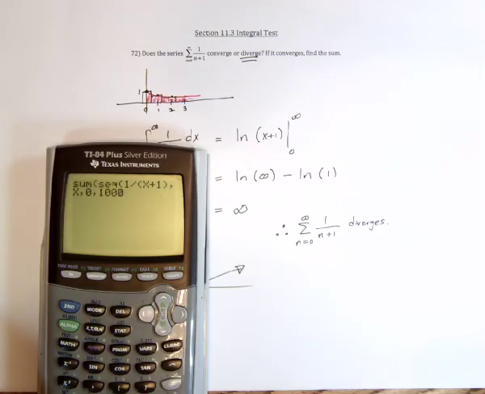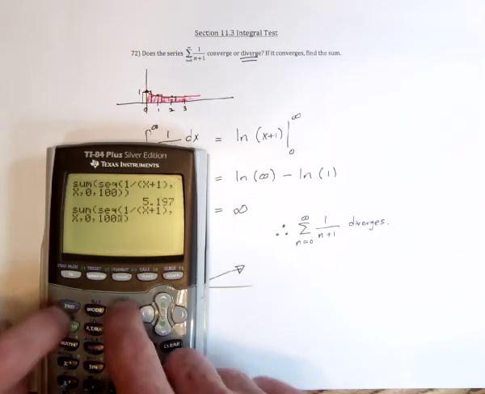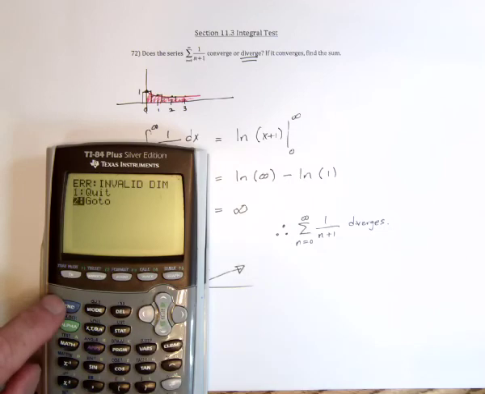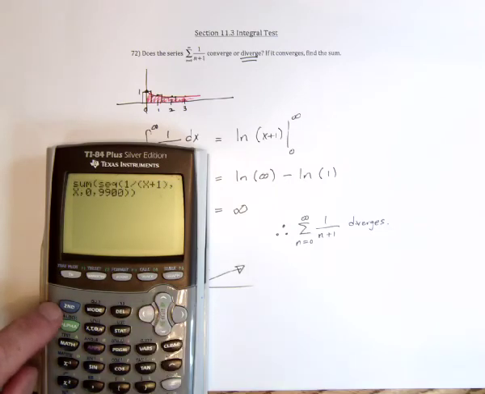Well, I guess I could start with 100. So with that, it's 5.197, and then if you add up 1,000 terms, come on, calculator, you can do it. No, I guess you can't. How about 990 terms?